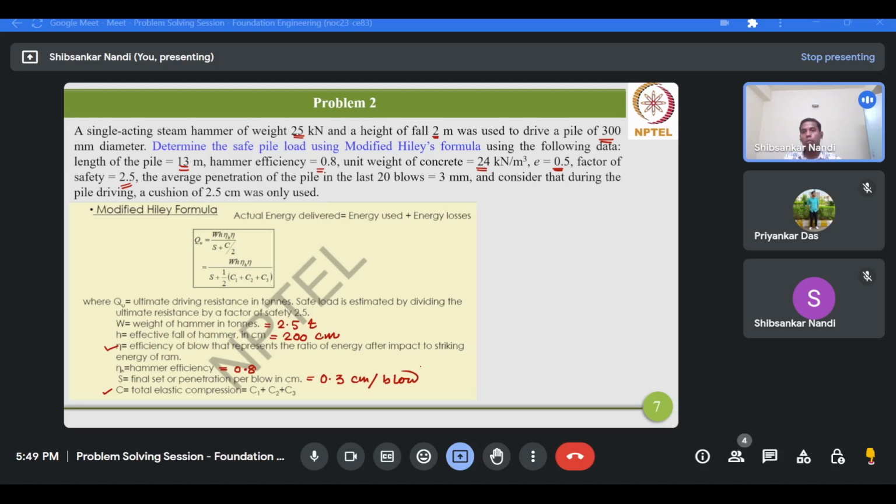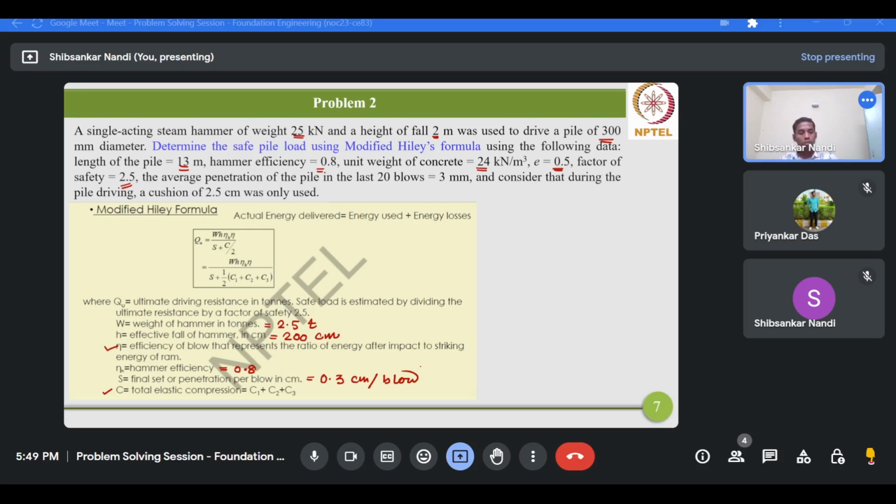There is one more formula to calculate the safe pile load under this category of dynamic pile load formula, that is the Engineering News formula. Though due to time bound, we cannot solve example problems using that formula. We have already seen how to calculate the safe pile load using the modified Hiley formula, and in a similar manner you can also calculate the safe pile load using the Engineering News formula.